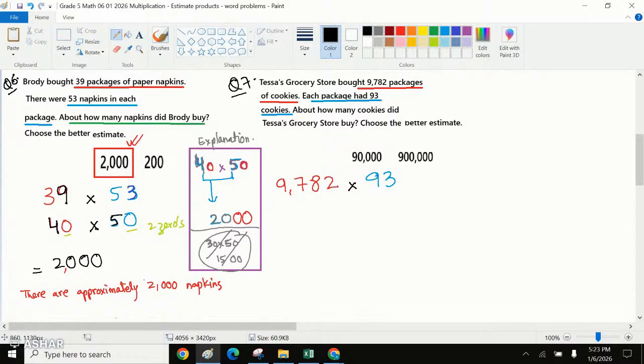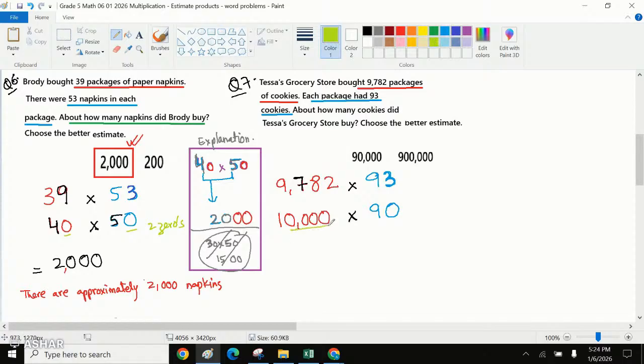See, 9,782. We look at the 7, right? So for 7, it would round up because 7 is in the later half, right? 5, 6, 7, 8, and 9 always round up. That means this becomes 10,000, right? 9,782 is nearer to 10,000 than 9,000. It's multiplied by 93. 93 is ending on a 3, right? So it rounds down and becomes 90.